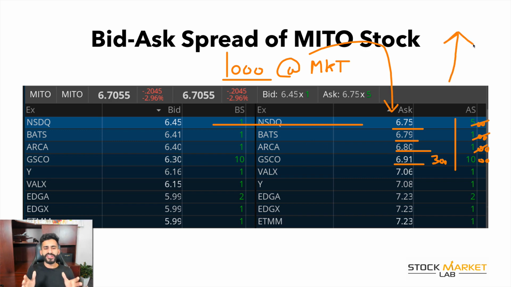Since these are market makers, and you're going to see this happen a lot, what I'm trying to explain is this: even if you say, okay, fine, I want to buy 1,000 shares, I don't care about getting them at 675, it's cool, I think it's going to go up. What you don't understand is that if market makers are sitting at 675 and you process a market order, sometimes market makers take their ask off, take their ask off, take their ask off.